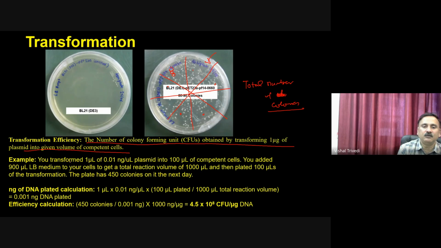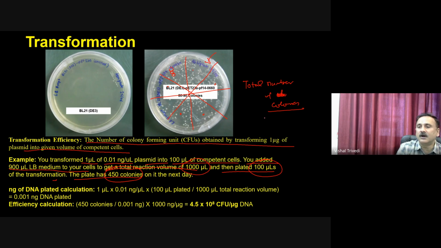For example, you transform 1 microliter of 0.01 nanogram per microliter plasmid into 100 microliter of competent cells, and you add 900 microliter of LB. In the transformation procedure, we are adding the chilled LB, right? You get a total reaction volume of 1000 microliter, and then you plate 100 microliter of this transformation. The plate has 450 colonies, right?